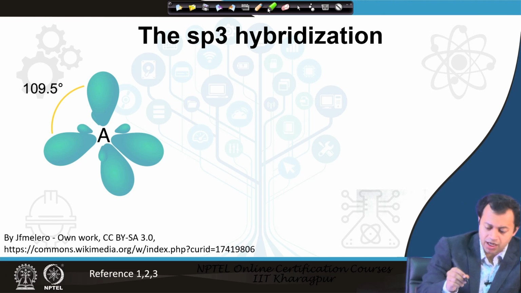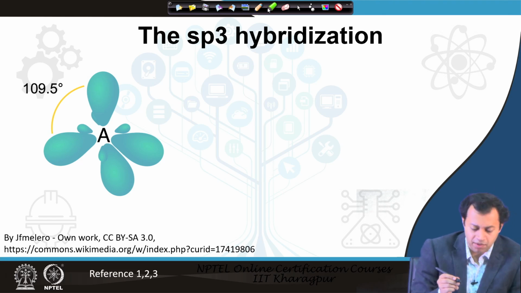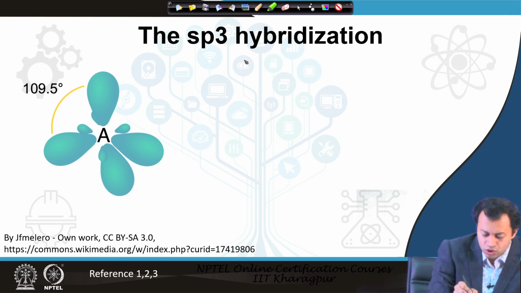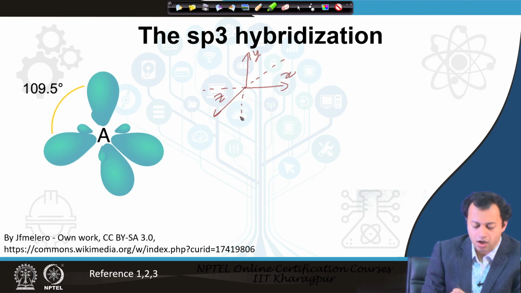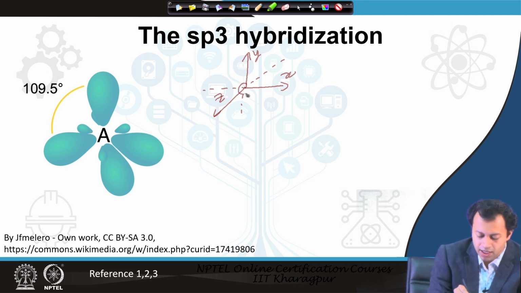So, let us try to see if I will be able to draw something here. Suppose you have an x, y and z coordinate system. Okay. So, in the middle there is supposedly the s orbital.